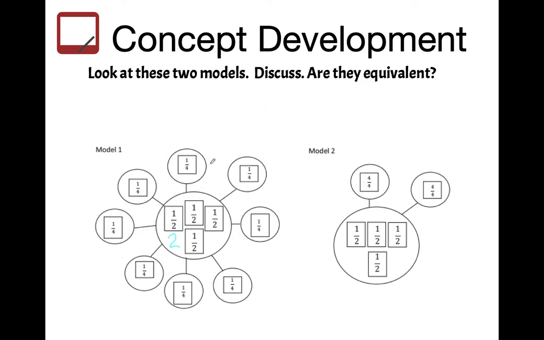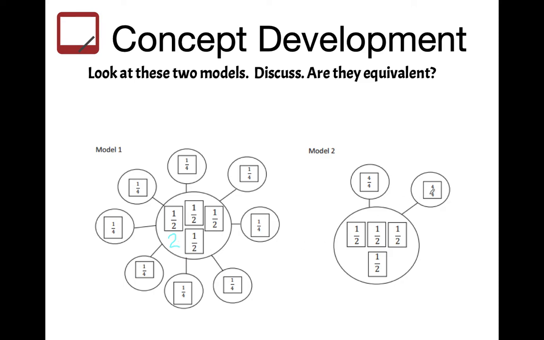And I told you that 4 fourths, so 4 of the 1/4, is equal to 1 whole. So we need to add another set of 4 fourths to equal another whole. So we now have 2 wholes, equaling the 2 wholes in the middle.